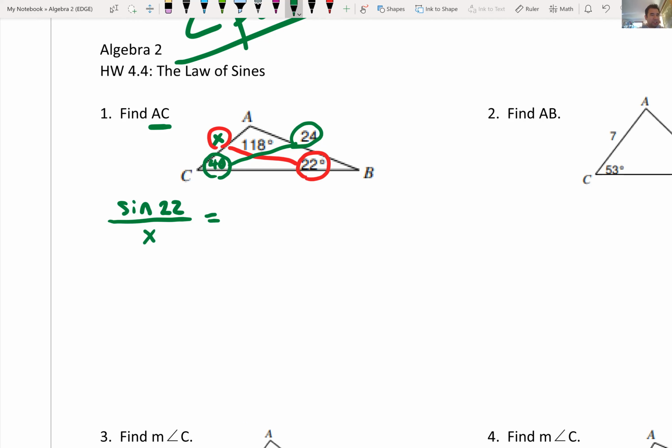And that ratio is going to be equal to sine of 40 degrees is to 24. Did you guys get that? Now let's cross multiply and solve for x. Can you share your answer in the chat? What do you guys get for x?